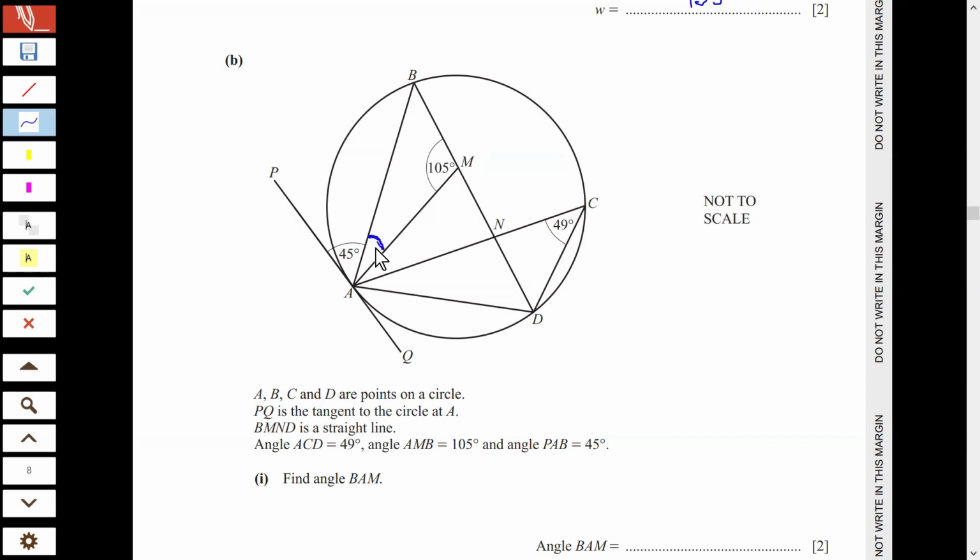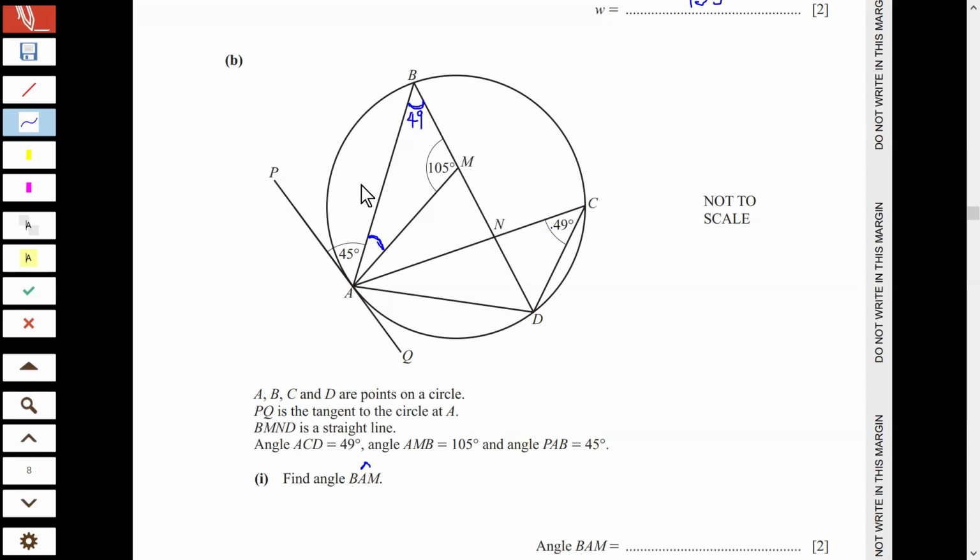Now, to find angle BAM, first we have to consider the angles on the same segment. For ACB, angle ACB is 49. So on the same segment, this angle is going to be 49 degrees because of angles on the same segment.